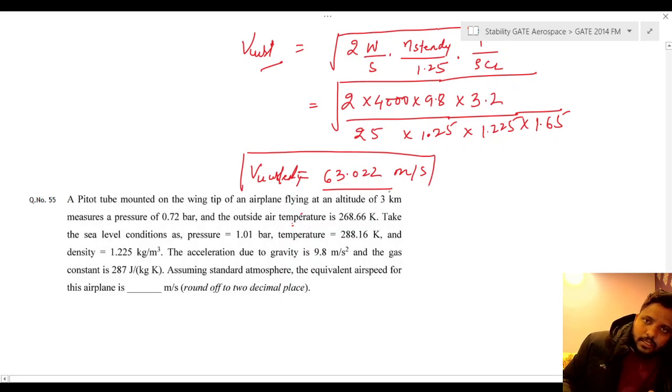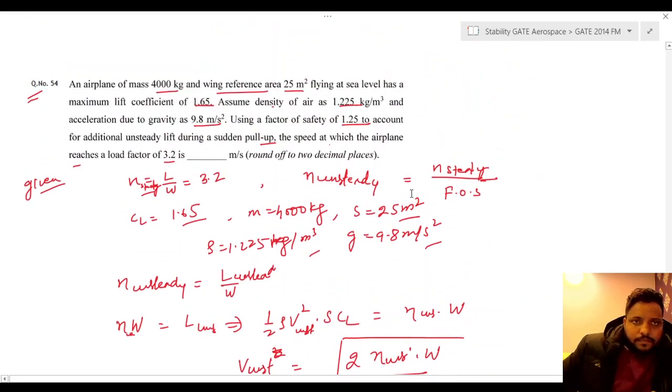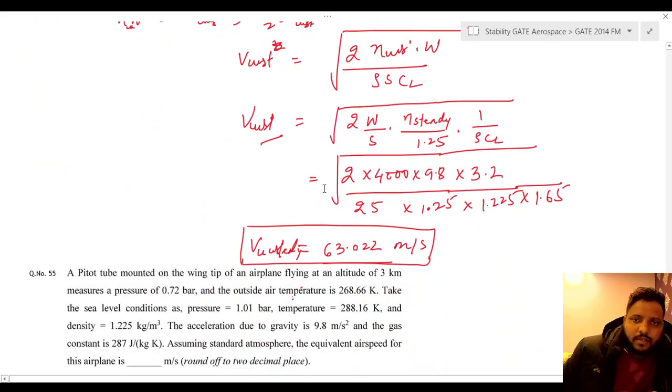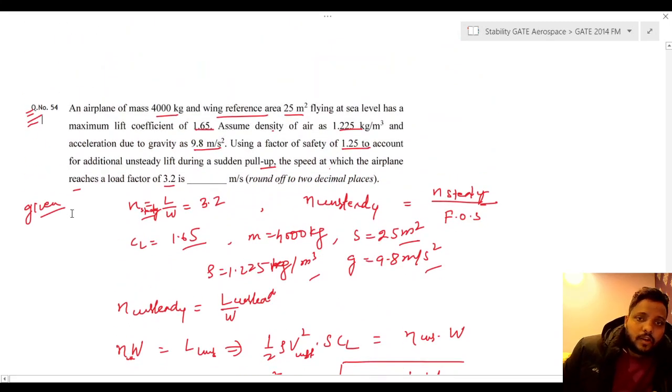Okay, so this is our answer for question number 54. So to reach a load factor of 3.2, the velocity must be equal to 63 meter per second for the given operating conditions in this question. So the answer is 63.02 meter per second up to 2 decimal places.